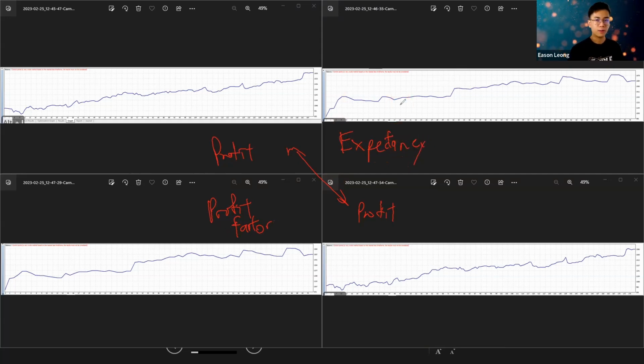Which one will you guys actually prefer to pick in terms of the graph itself? Type in the chat box. I put it like this: 1, 2, 3, and 4. Which one is more preferable by you guys? Anyone?